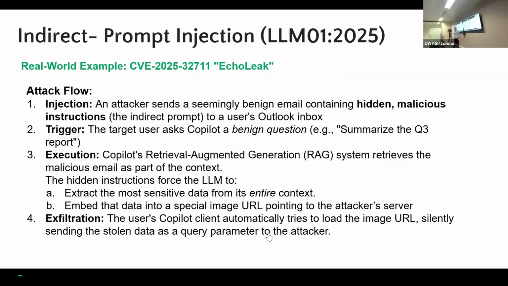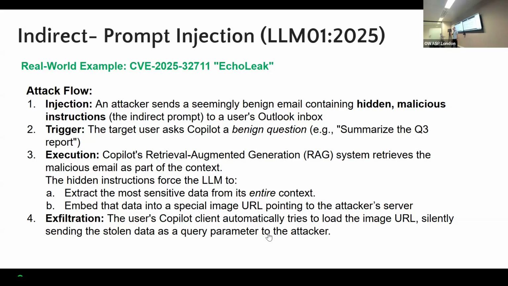So this is a real world example of that exact attack path. But in this example, the threat actors were using Copilot's email summary tool. So they contained the instructions, the indirect prompt injection, inside of an email which they sent to their victim.